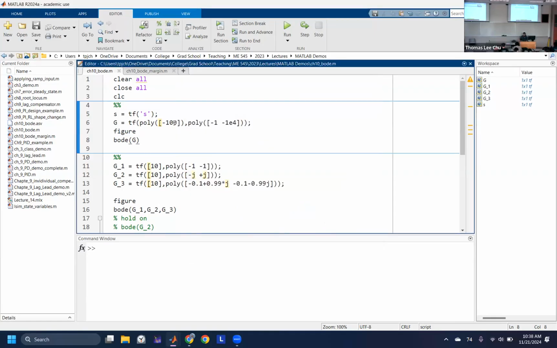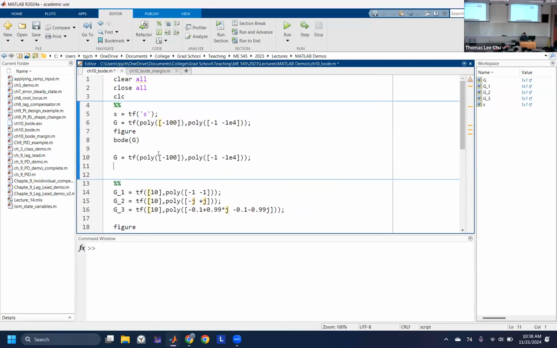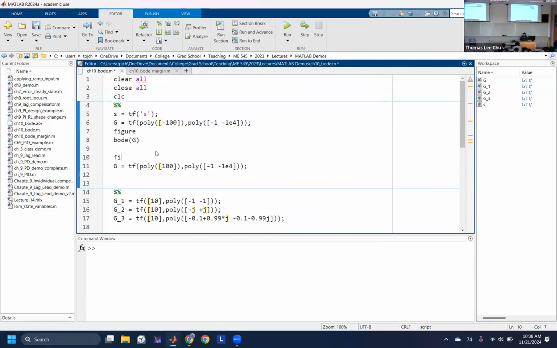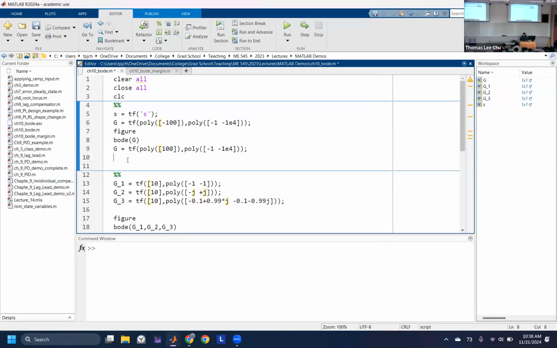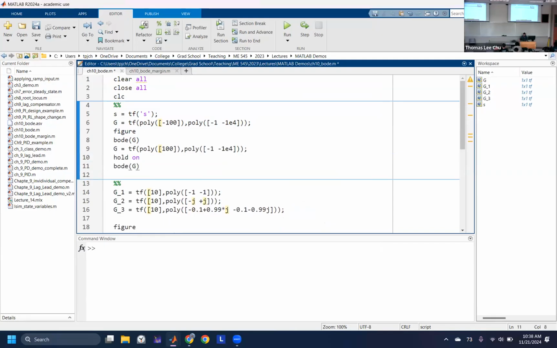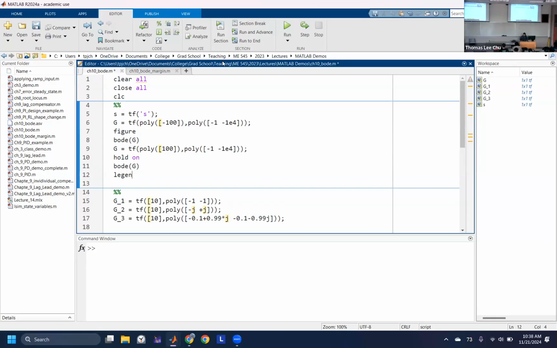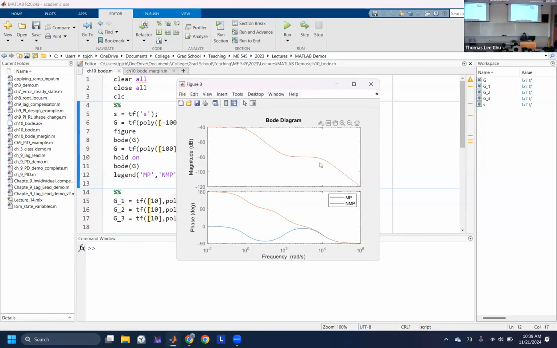Now, if I were to instead replace one of the zeros with a different zero, a non-minimum phase zero, meaning a zero in the right half plane. So we have a minimum phase system, and then now we have a non-minimum phase system. You'll see that the magnitude remains the same. The blue and the red lines are overlapping in the magnitude, but now you can see that the phase is different.